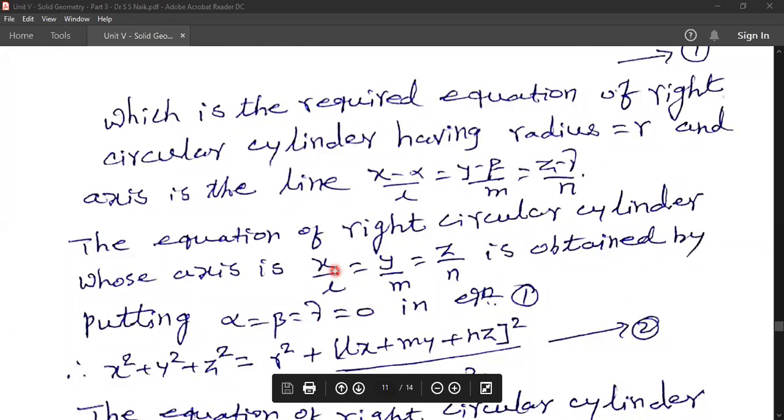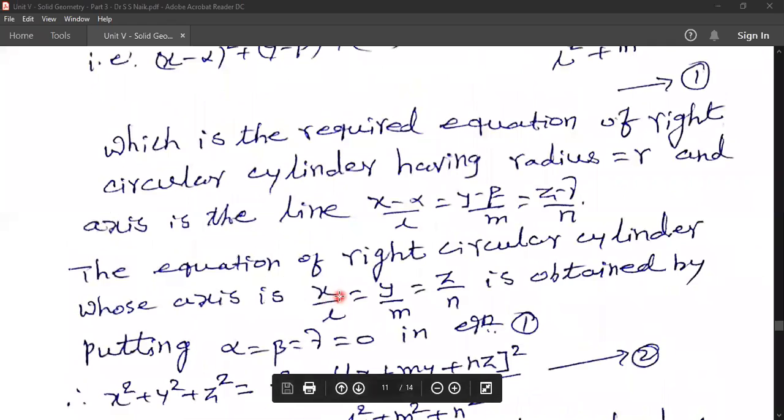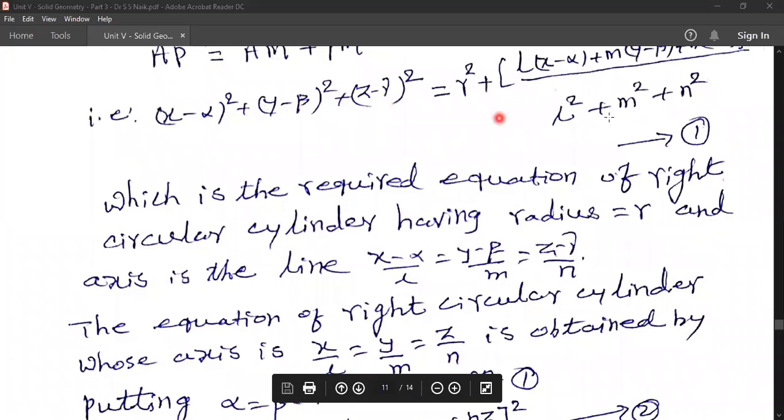So in the last part, the axis was (x minus alpha) upon l equal to (y minus beta) upon m equal to (z minus gamma) upon n. Now that axis is given in the form x upon l equal to y upon m equal to z upon n. Then how to find the equation of this? Just put alpha equal to beta equal to gamma equal to 0 in equation number 1.